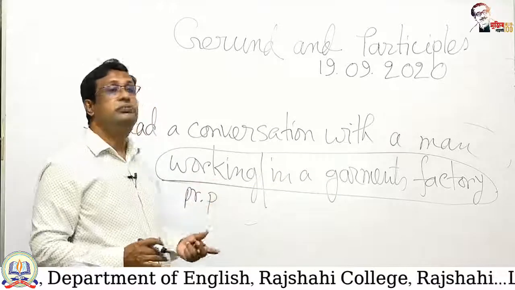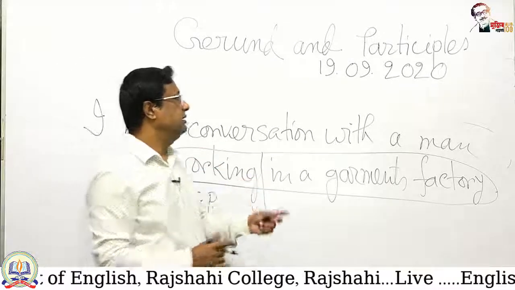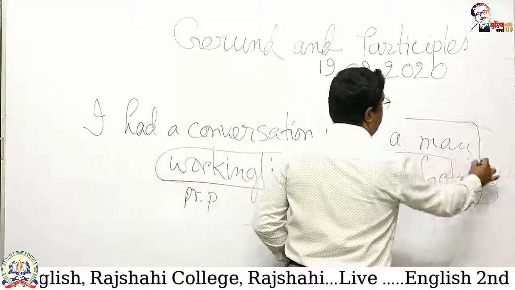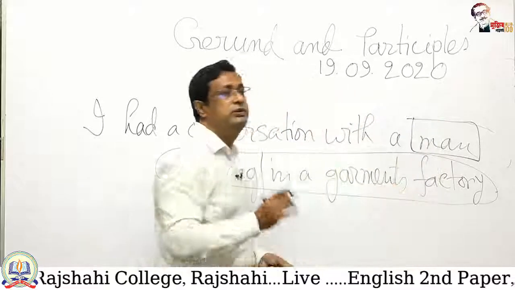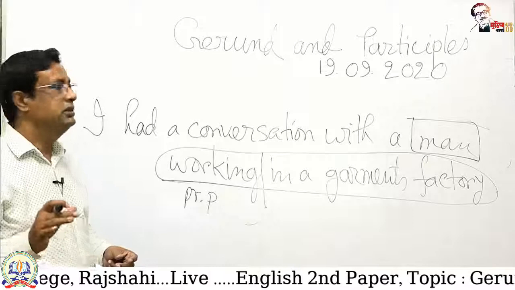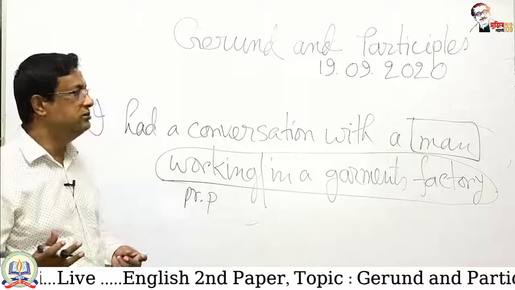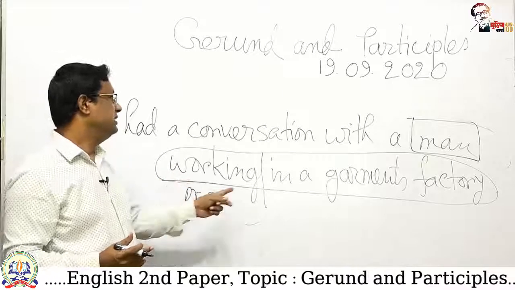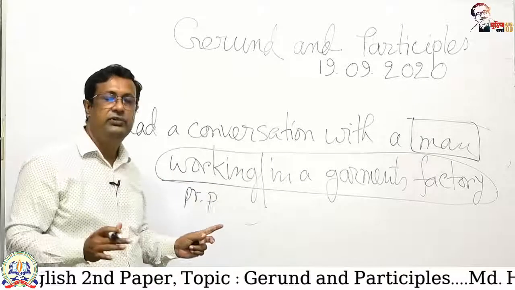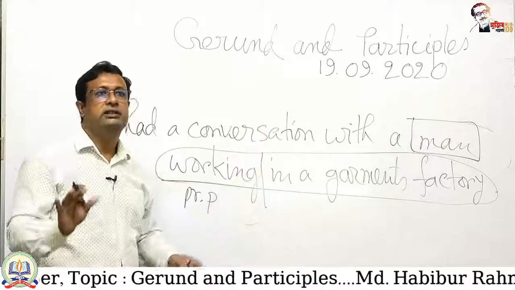This is called a present participle phrase, and this is modifying the noun man. Which man? If I ask you with whom you had a conversation: I had a conversation with a man working in a garments factory. So this modifies man.